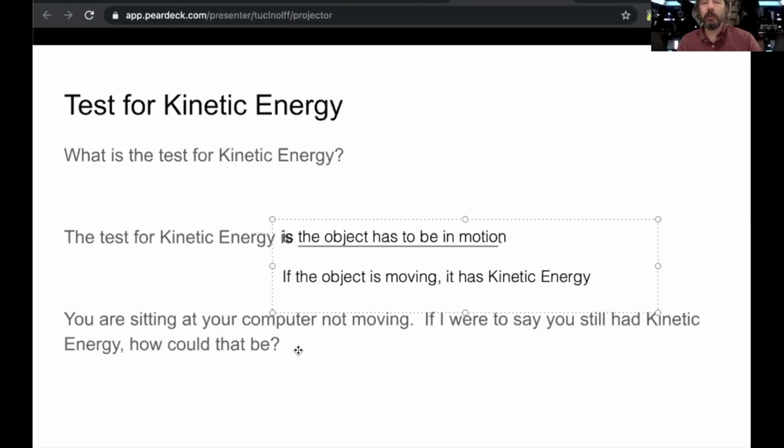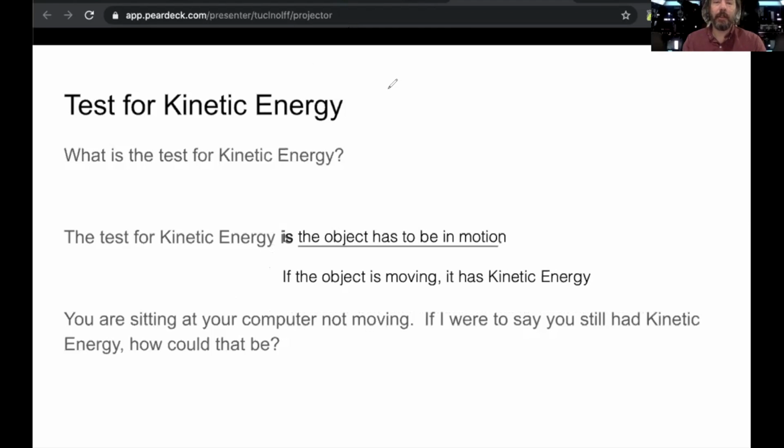Okay, so here's a trick question. You are sitting at your computer. You are not moving. If you were to stay still, do you have kinetic energy or not? How much kinetic energy do you have?